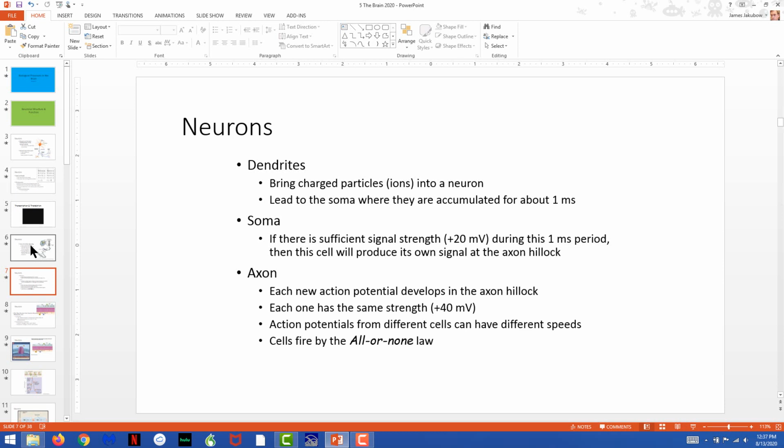Otherwise, nothing will happen. So if you go backward in the circuit, and there was an entire pathway of signaling that reaches the one cell that we're talking about, and at that moment that signal reaches the cell, it's not reaching the proper threshold of a positive 20 millivolts, then that signal has died, right? From wherever it had come from, it just cuts off at that point, and that's the end of that signal.